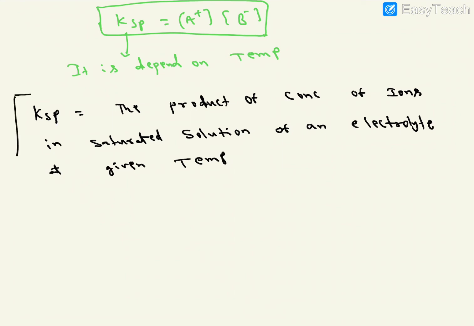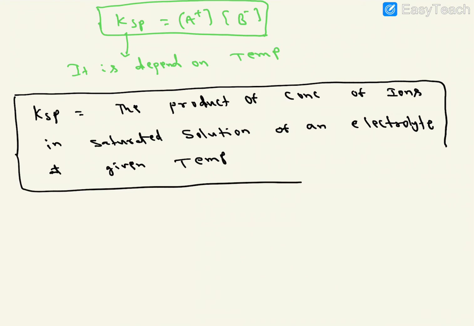So this is the exact definition. The solubility product is nothing but the product of the concentration of ions in a saturated solution of an electrolyte at a given temperature. I hope it is clear. So when the temperature varies, the KSP value also varies.